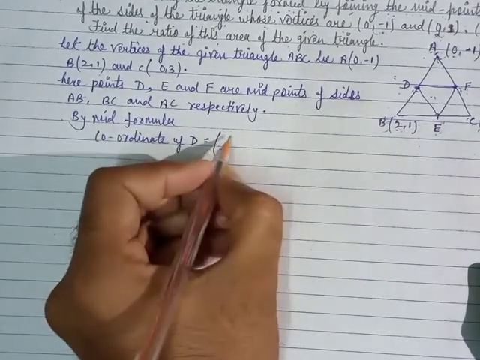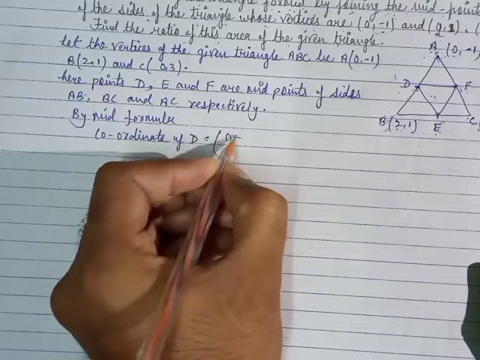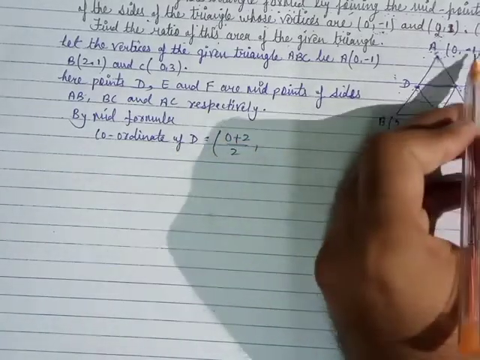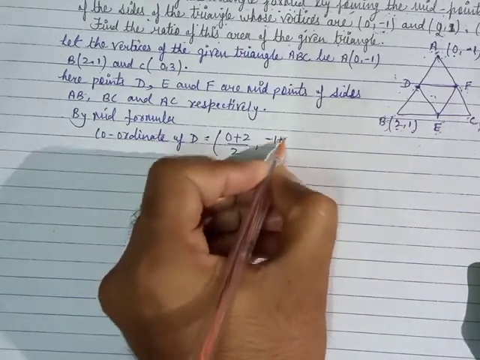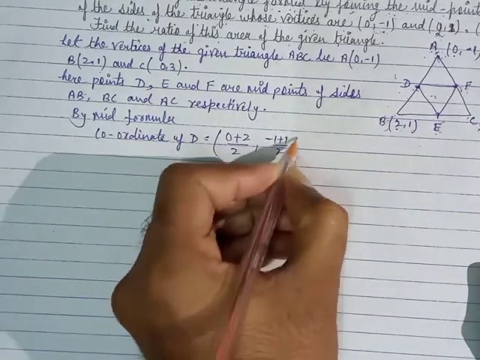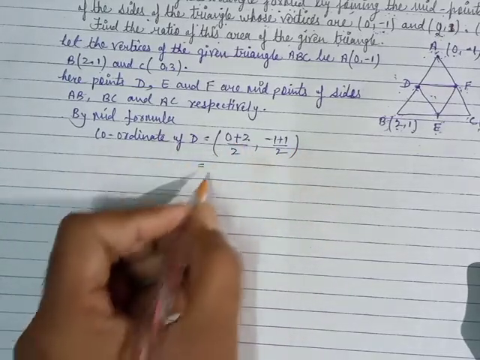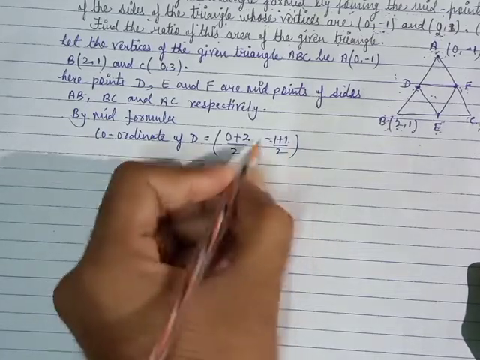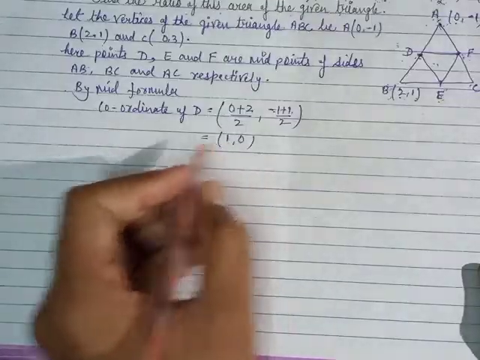So we add x1 plus x2, which means 0 plus 2 upon 2, and y1 plus y2, which means -1 plus 1 upon 2. Now you can see 0 plus 2 will be 2, divided by 2 we get 1, and -1 plus 1 will be 0, divided by 2 gives us 0. So the coordinates of point D are (1, 0).